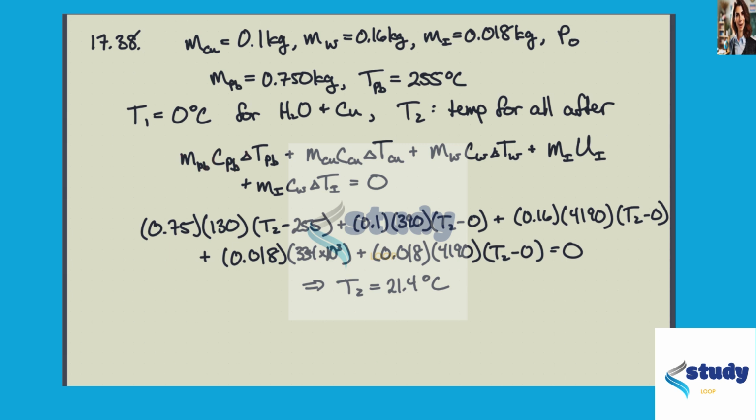And so we wind up with changes in temperature. The other piece that we have to be very careful about and not forget to include is the heat of fusion for the ice. So the ice is going to melt before its temperature starts to rise. So we actually have a lot of energy going into melting this ice, as we'll see in a second here. So we need to make sure we keep that.